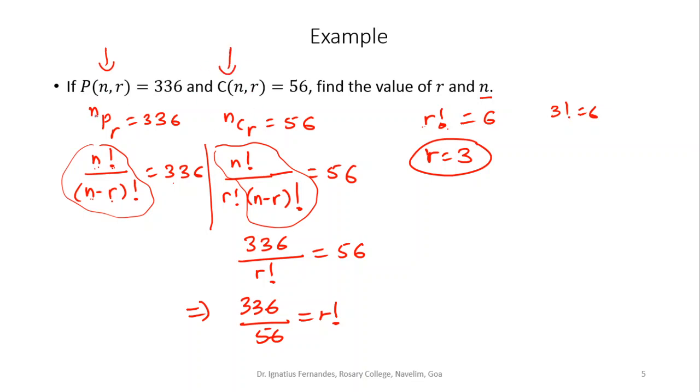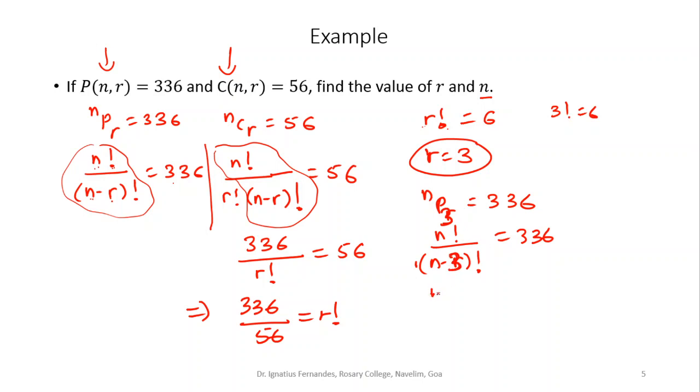Let's say we substitute in nPr. We know that nPr is equal to 336. By definition, nPr is n factorial upon n minus r factorial. r here is 3. So we have nP3. So this is n minus 3.